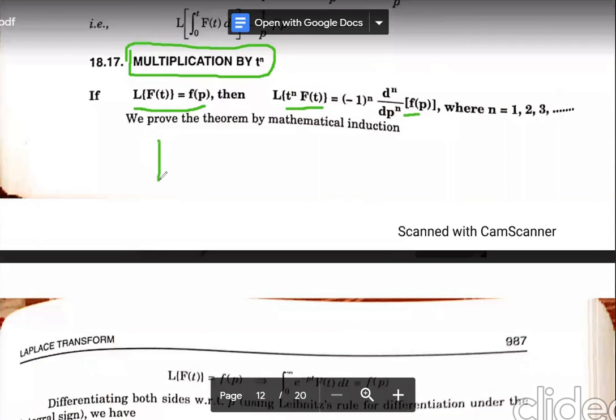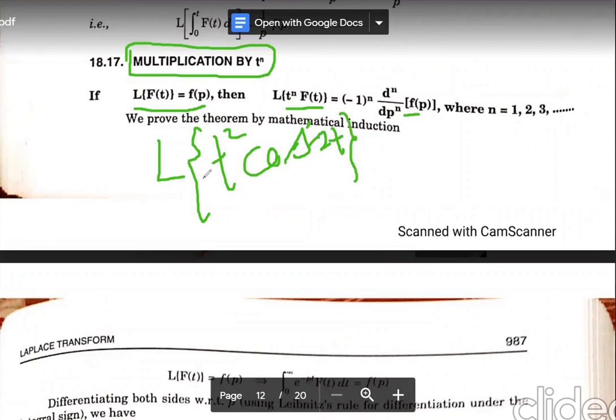For example, suppose you need to find the Laplace transform of t square cos of twice t. If you compare with this formula, consider cos of twice t as f of t.